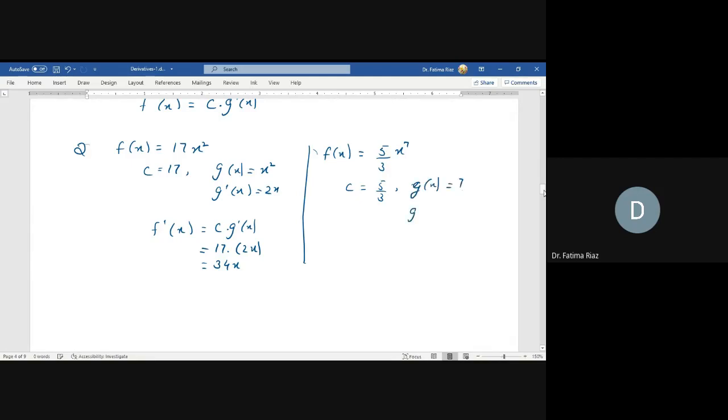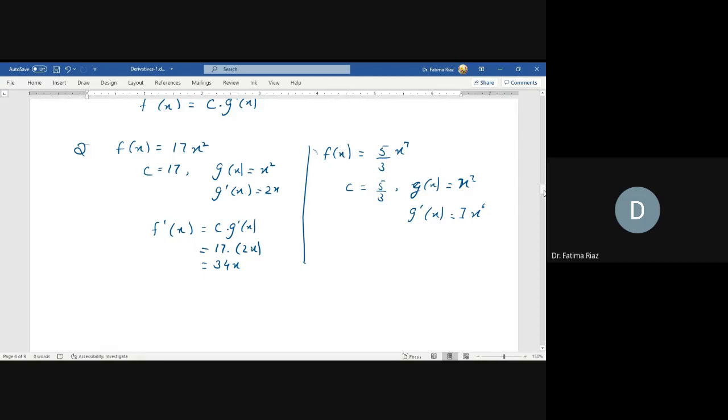I need the derivative of g. That will be 7 because power has to drop, and then x power 6 because this power has to be 1 less.